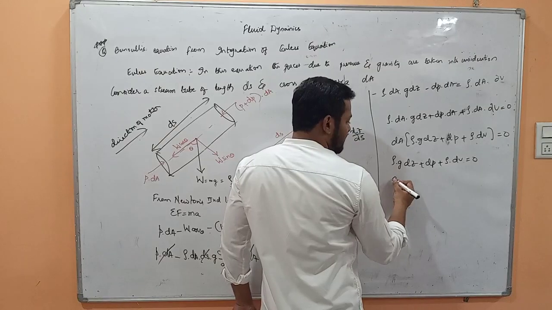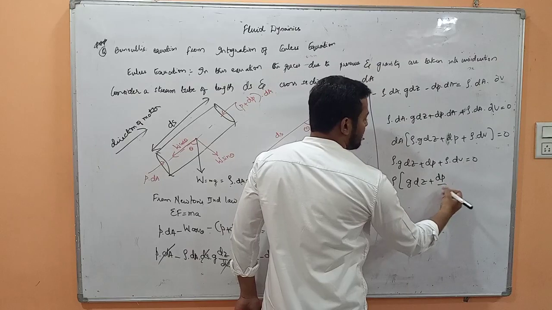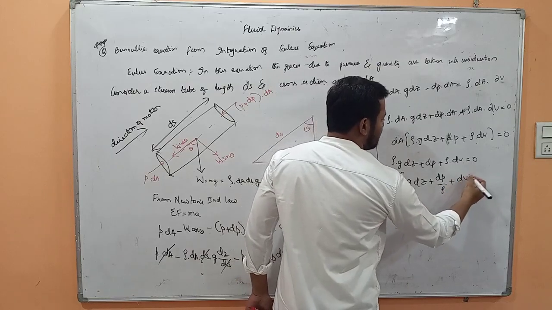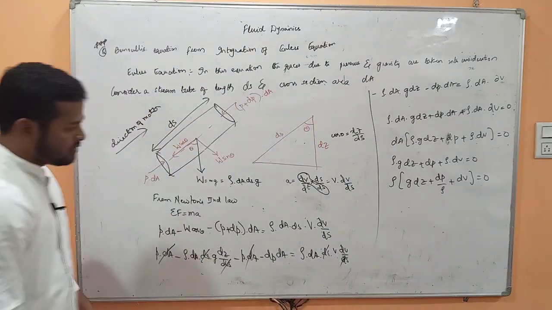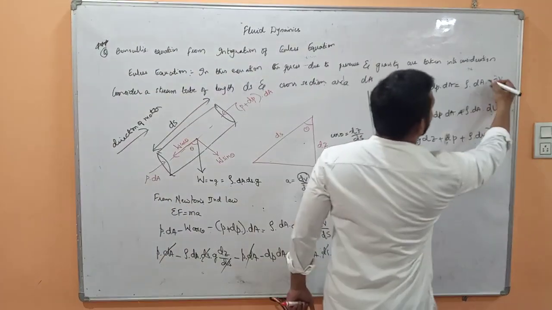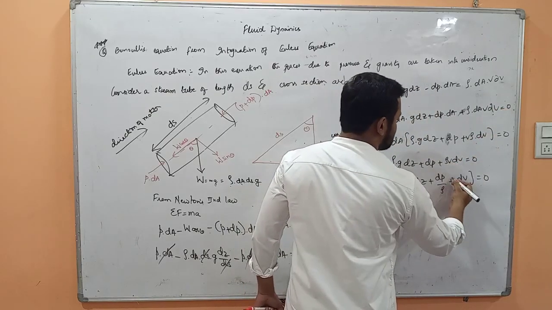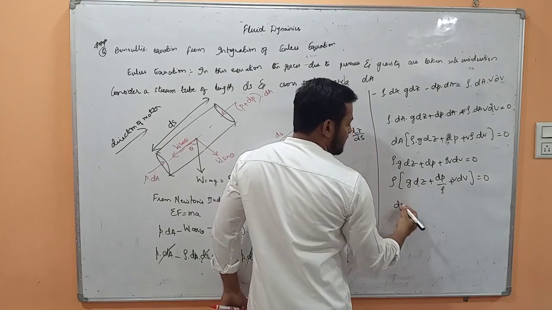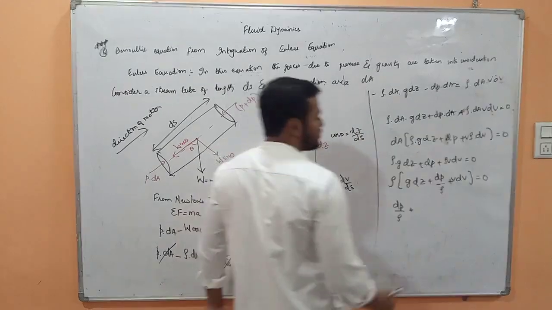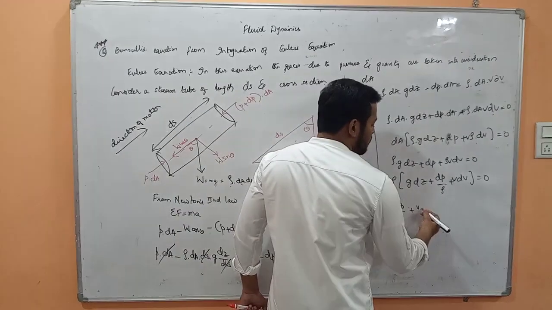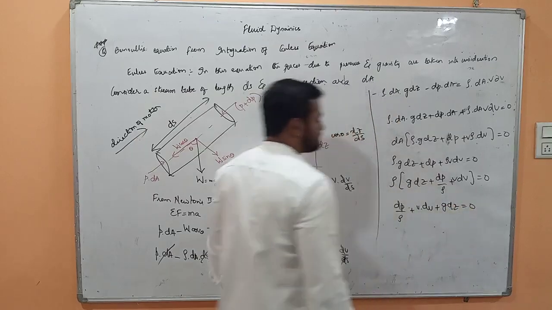If I take rho common from this, what will be remaining? g dz plus dP by rho plus VdV is equal to 0. Sending rho to the right side, 0 by rho becomes 0. So dP by rho plus VdV plus g dz is equal to 0.